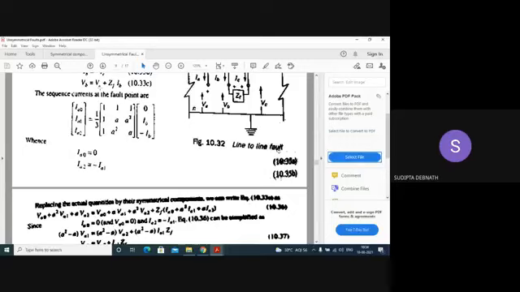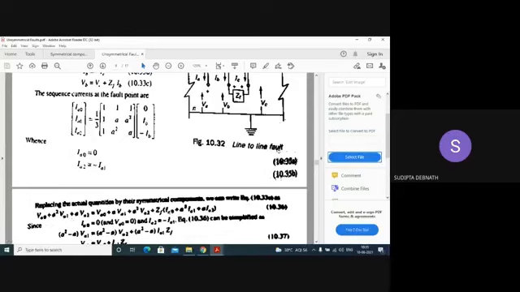What is VB? You know VB in terms of sequence components: VA0 plus A square VA1 plus A VA2. Though it is very hazy, you can easily write it in terms of sequence components. What is VC? VC will be VA0 plus A VA1 plus A square VA2. Instead of A square, there will be A, and instead of A, there will be A square. Only this difference. ZF, you keep it as ZF, and IB, you write it down in terms of sequence components.